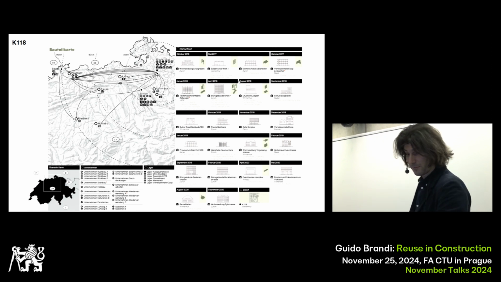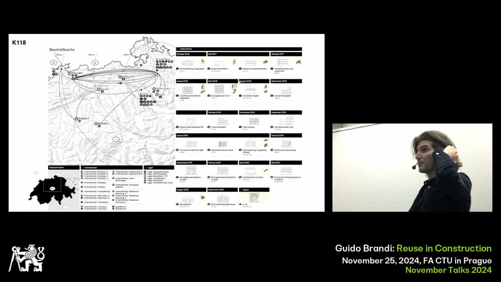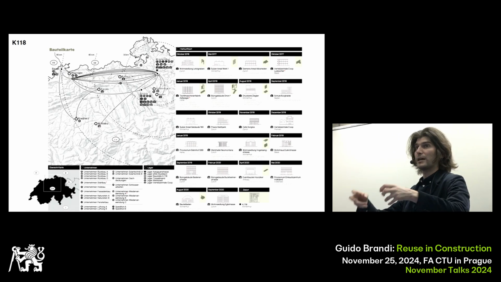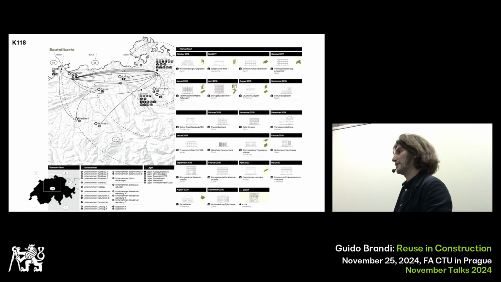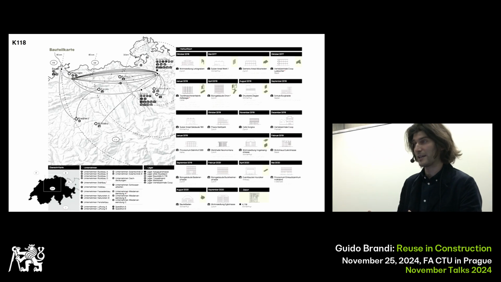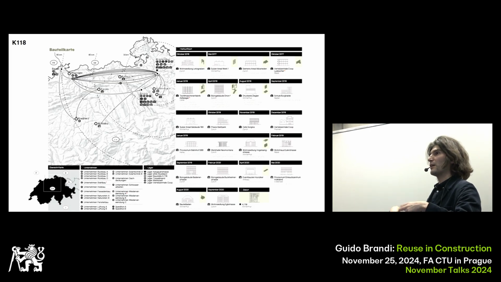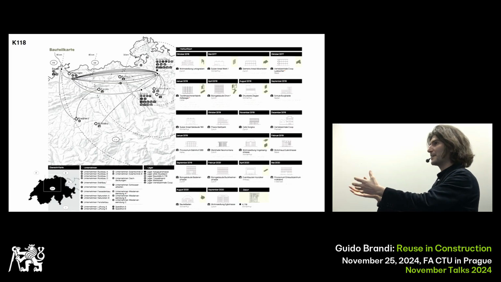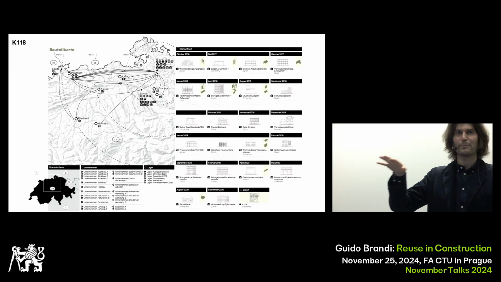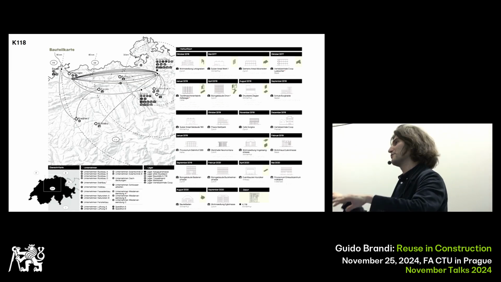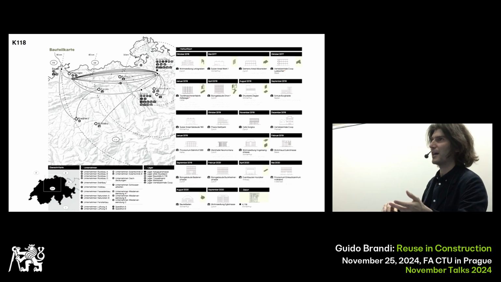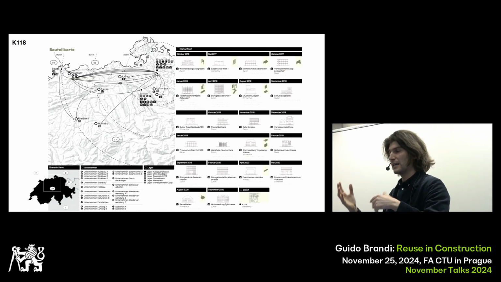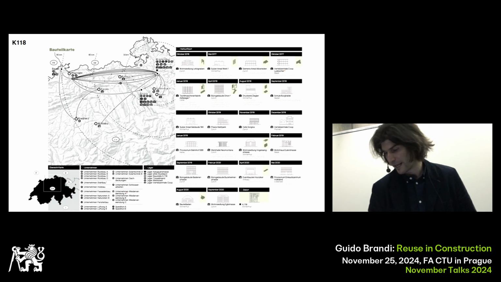There were almost 25 demolition sites where there were different elements that were picked up for the K118. This is also crazy because it means that to have a new construction site of a building, you are actually following in parallel 25 other construction sites that are demolition sites. So you can understand already the complexity of it.